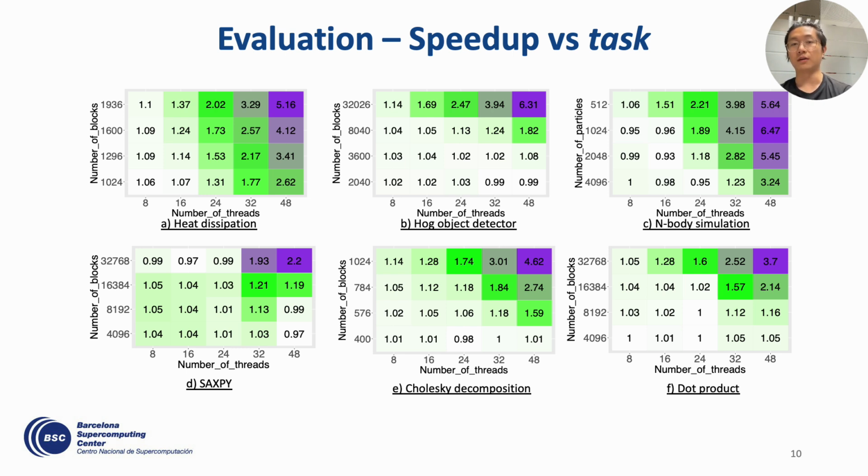So for 32 and 48 threads, we see a better speedup for Taskgraph than the vanilla tasks. This is also the same for the number of tasks. The more tasks we have, the more overhead we pay, because we need to create these tasks and also resolve the dependency relationships among them. This is why we have higher normalized speedup on top of these heat maps.